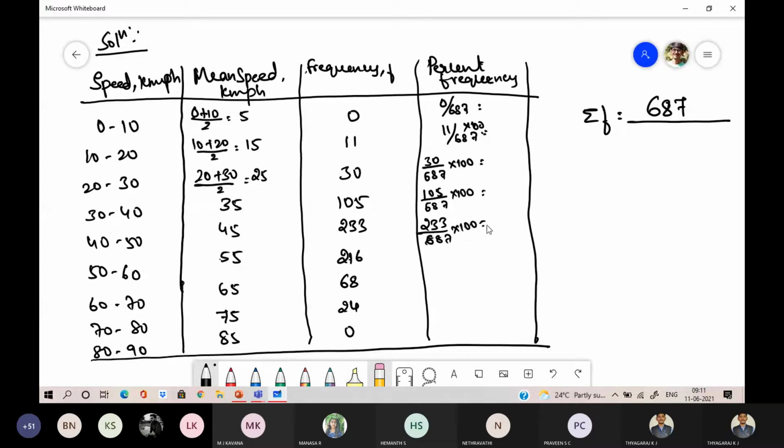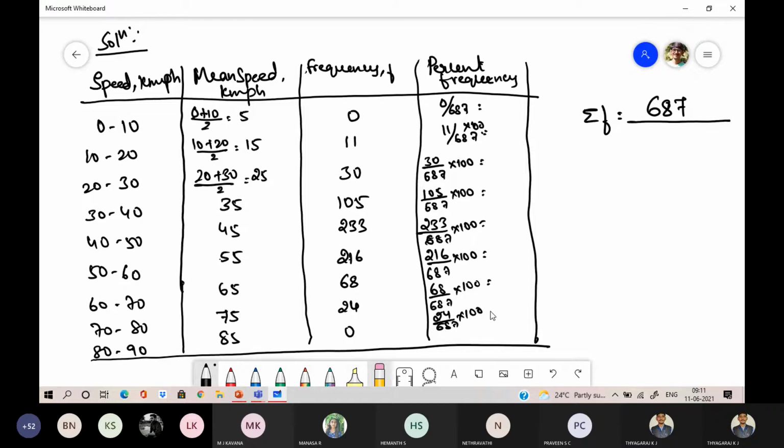Calculate the percentage frequency. Why? Because we will be plotting the graph of mean speed versus percent frequency. That's why we are calculating the percentage frequency. 68 by 687 into 100.